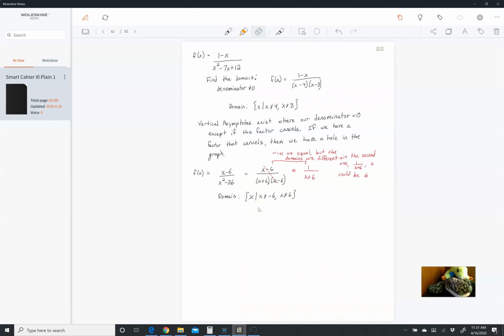So what that means is that we could find all of the vertical asymptotes and all of the holes. Here at x equals -6, we have a vertical asymptote. And at x equals 6, we have a hole.